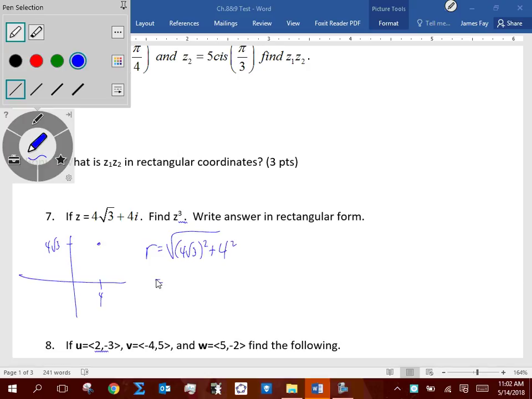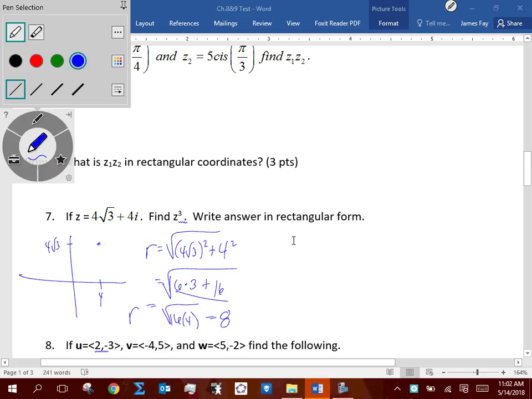So it's the same thing as r is equal to square root of a squared plus b squared, which we did earlier in, I think, question 5. So this becomes 4 squared is 16, times radical 3 squared is 3, plus 16. That's all underneath the root. So that gives me 16 times 4 as well. The reason I write it that way is because square root of 16 is 4. Square root of 4 is 2, so that makes 8. So r is equal to 8.